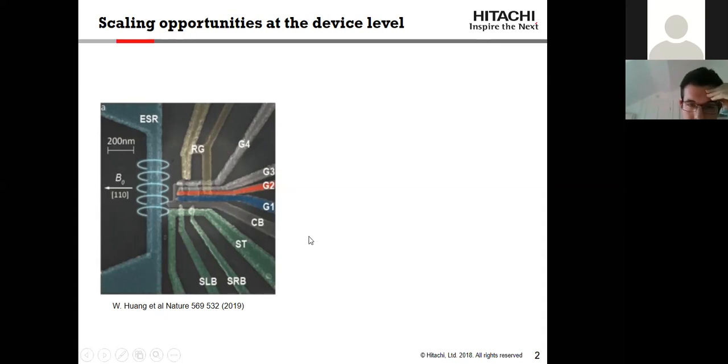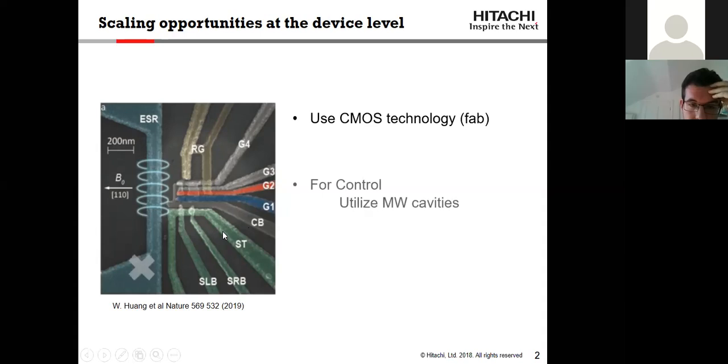control spins. So by looking at this, there are several things that we can say about how to take this one step further and scale it up. Probably in the future, we'll be doing this with CMOS technology, as we are doing in our lab. We are likely to want to get rid of the microwave antennas to simplify the architecture of the qubit by using, for example, microwave cavities at millikelvin temperatures.